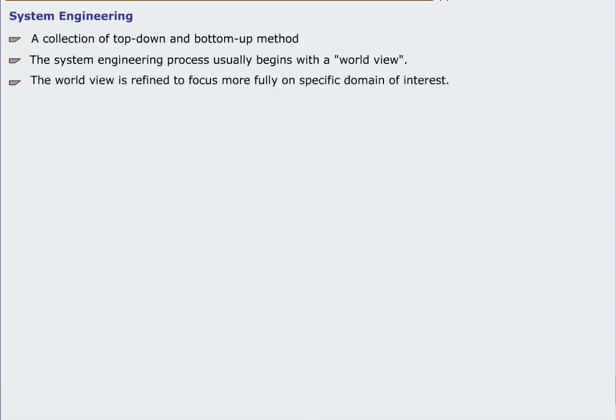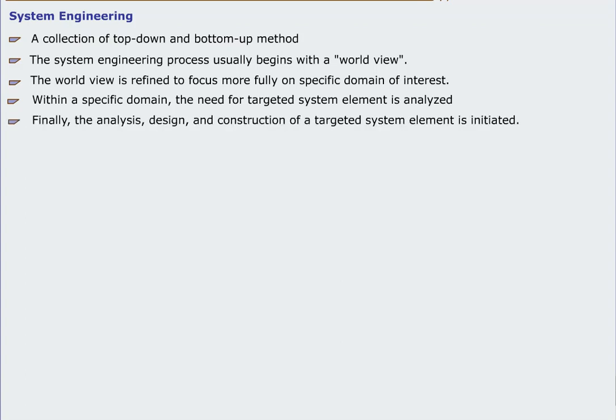The world view is refined to focus more fully on specific domain of interest. Within a specific domain, the need for targeted system elements, for example data, software, hardware, people, is analyzed. Finally, the analysis, design and construction of a targeted system element is initiated.